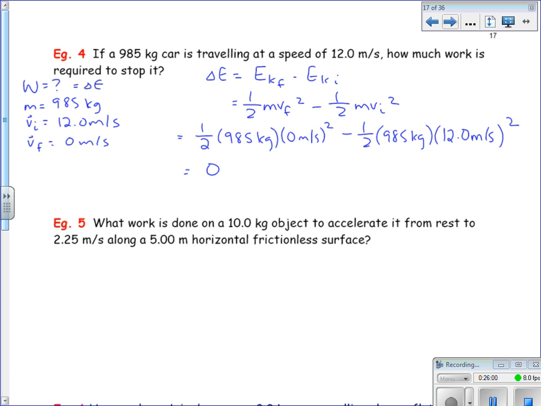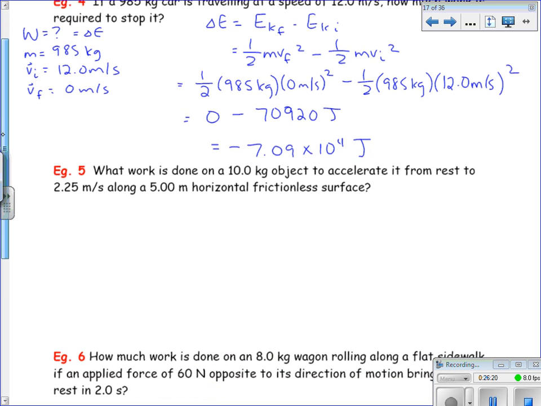So it's 0 minus 70,920 joules, or negative 7.09 times 10 to the 4 joules. That's a case where the work is negative because the car's moving forward, but you're applying the brakes to stop it, which means the force you're applying is in the opposite direction of the displacement of the car.